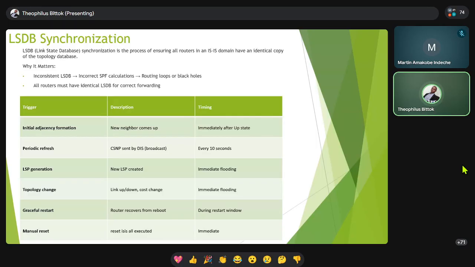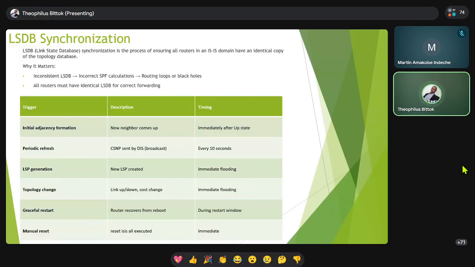No link has gone down. Everything is okay. It's just to tell you that the status quo remains. Periodic synchronization also means there hasn't been any change in adjacency.